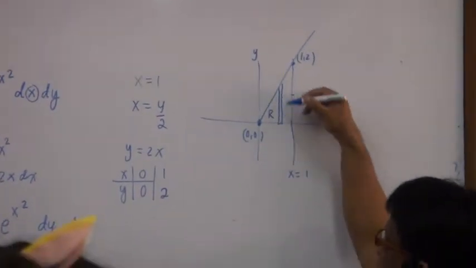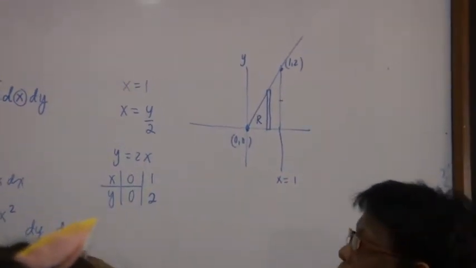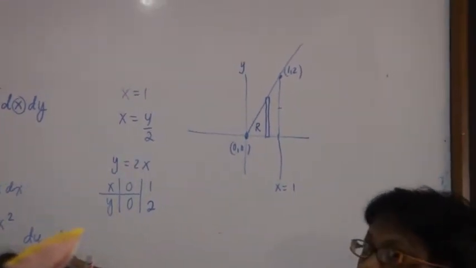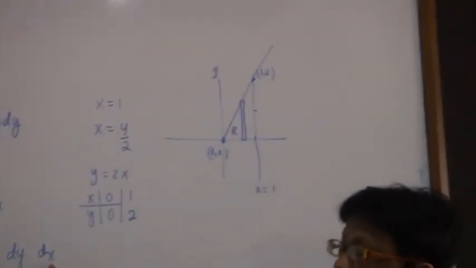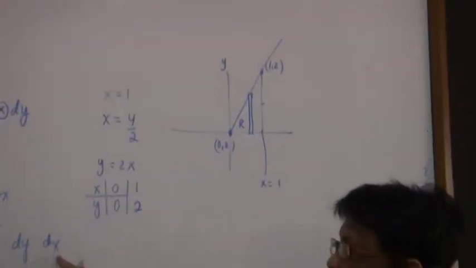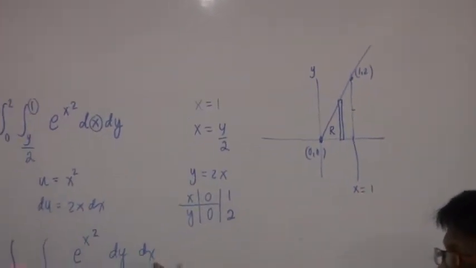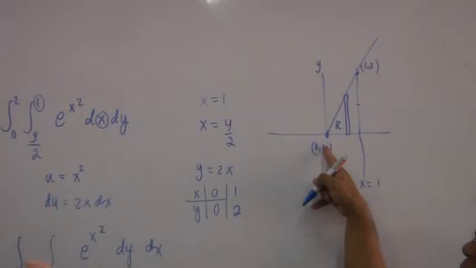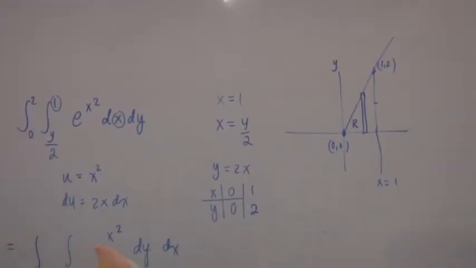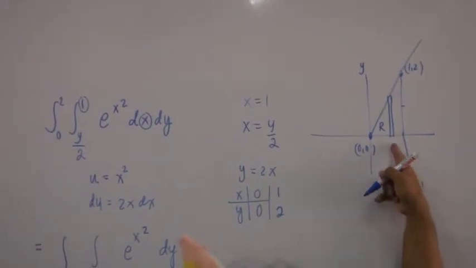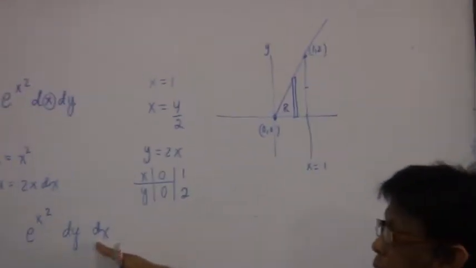Because from the reversed order, the outer variable of integration is now with respect to x, which signifies that we use the vertical strip. From here we can define the limits of the variable of integration with respect to x.